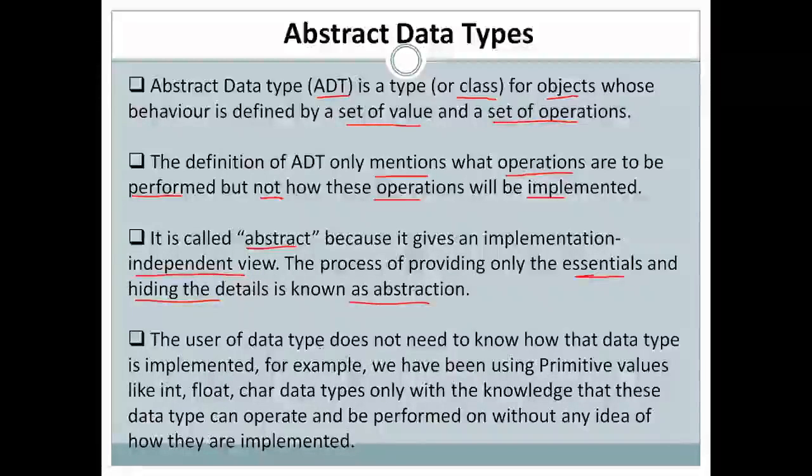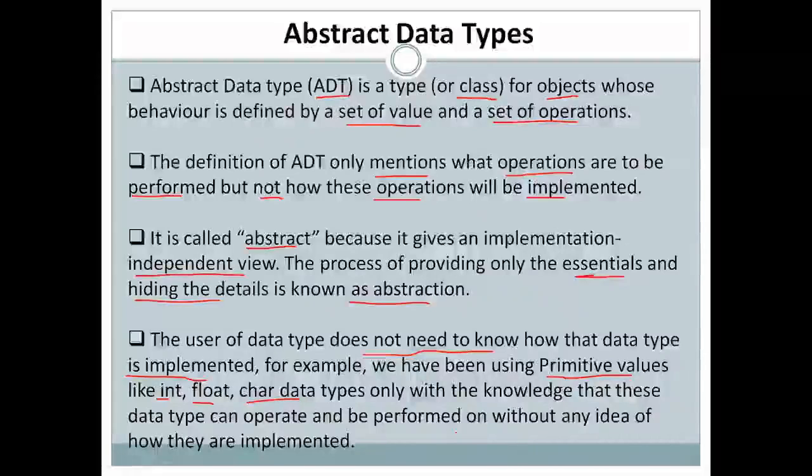The user of abstract data types does not need to know how that data type is implemented. For example, we have been using primitive data types like int, float, and char, only with the knowledge of what operations can be performed on them, without any idea of how they are implemented.